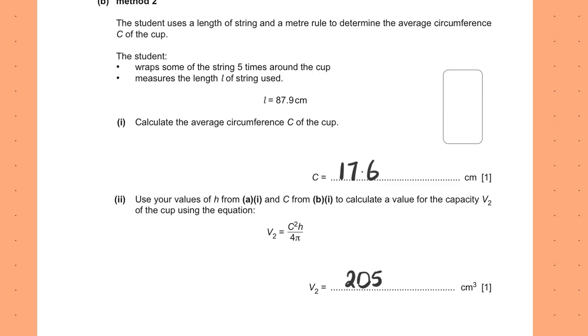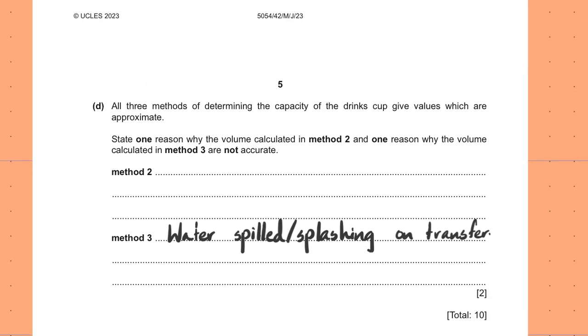And similarly, you could have also left some spaces between them, right? And you could have also overlapped the string, which is also not going to be the correct value of the circumference. So I can say this, that the string loops may have overlapped, or there could have been spaces between them.